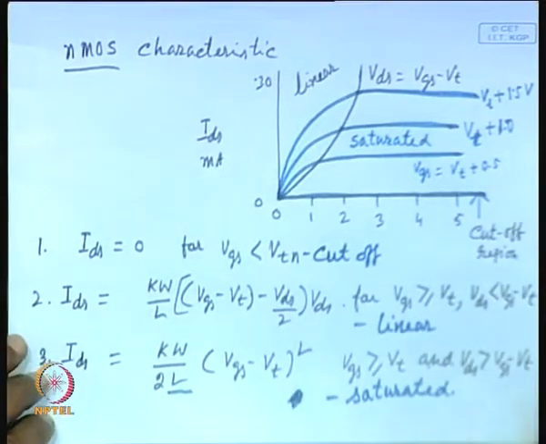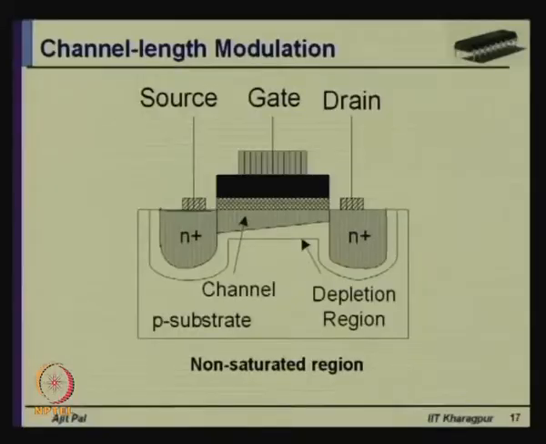However, this dependence is not visible until the channel length is small. That means, it becomes predominant in short channel devices.